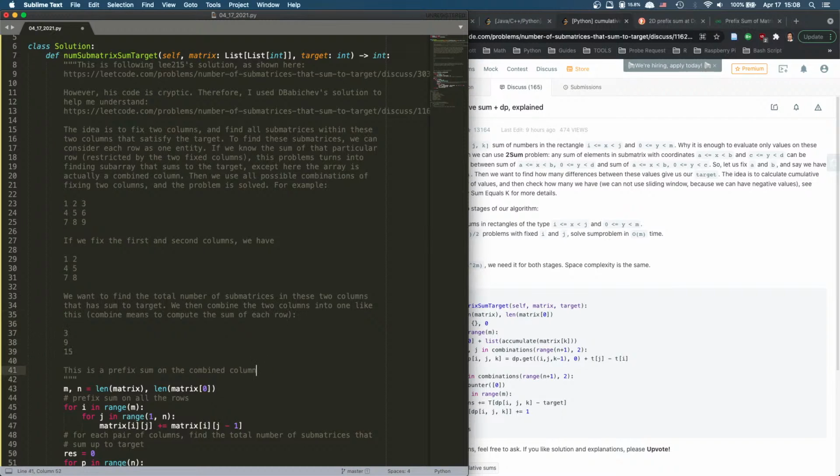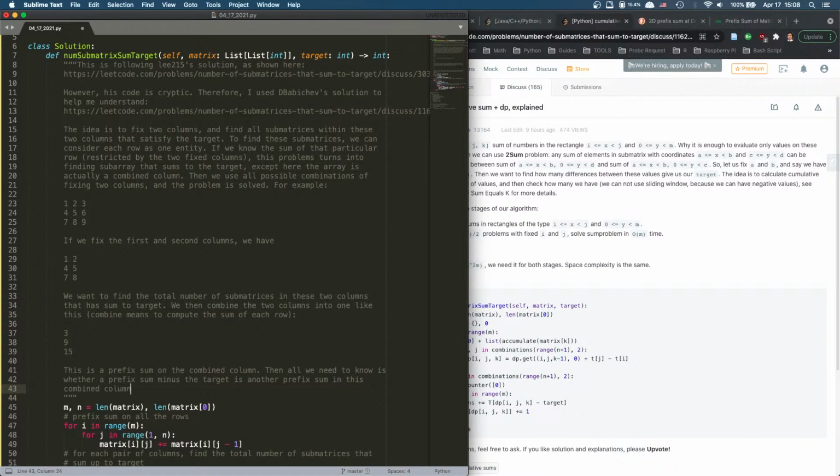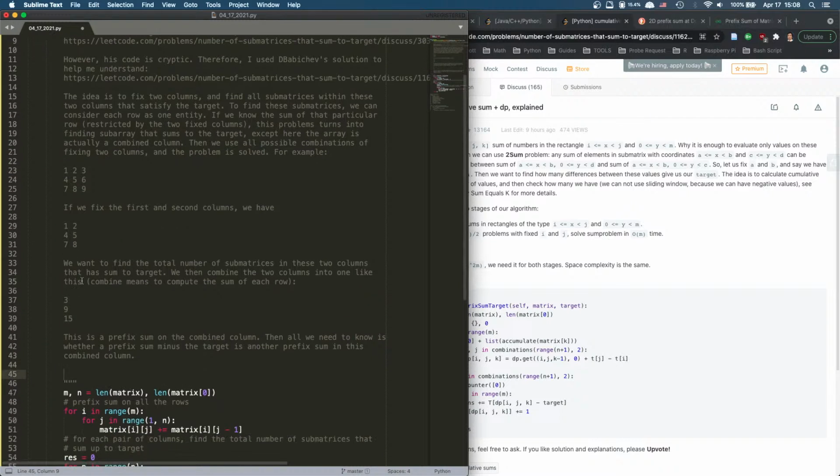Prefix sum on the combined column. Then all we need to know is whether a prefix sum minus the target is another prefix sum in this combined column. Yes.